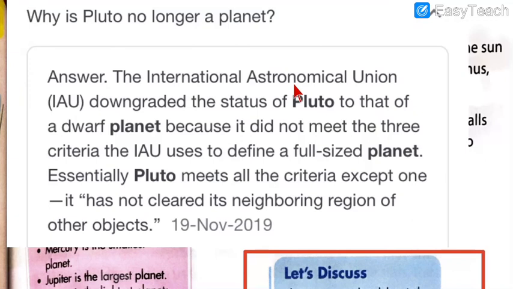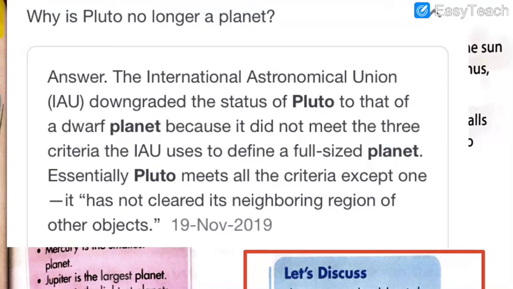See, the International Astronomical Union, that is IAU, downgraded the status of Pluto. Downgraded means brought down the status to that of a dwarf planet, because it did not meet the 3 criteria the IAU uses to define a full-sized planet.